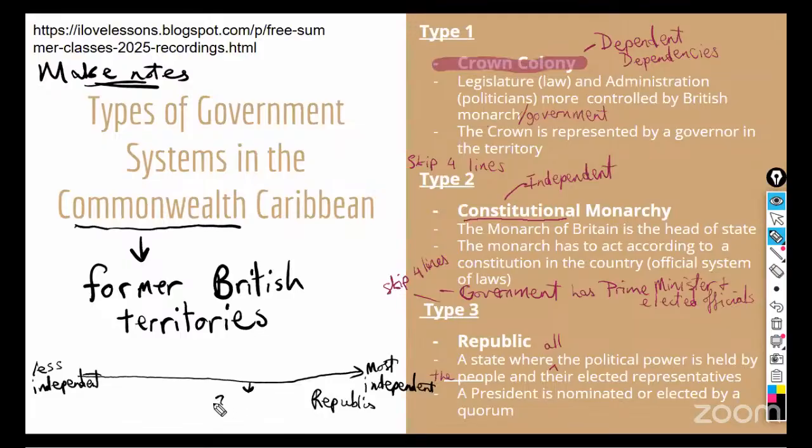Constitutional monarchy will be closer to there. And then crown colonies will be over here. All right, so the next thing I want to do is talk about which islands or which territories fall into these different categories.